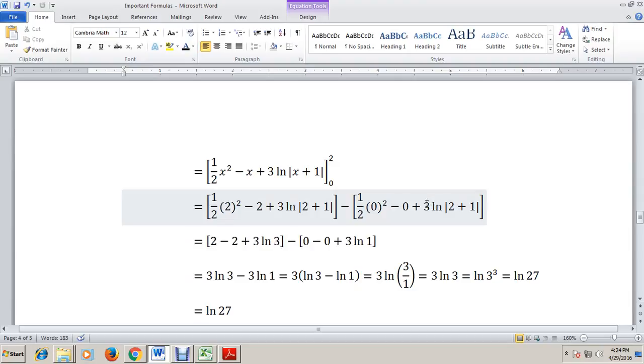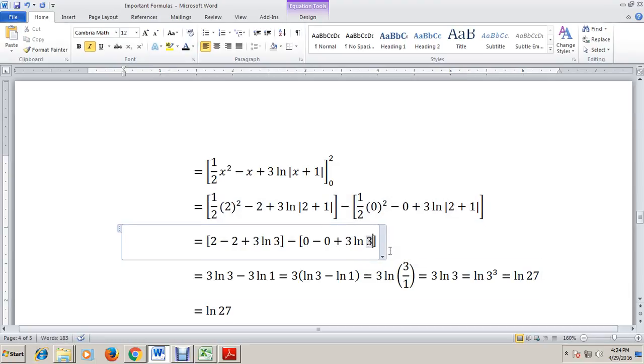Now, for the rest of the result, of course, multiplication by 0 becomes 0. So 0, 0, and 2 plus 1 gives us 3. Next, we have 2 minus 2 is 0, 3 ln of 3 minus 3 ln of 3.